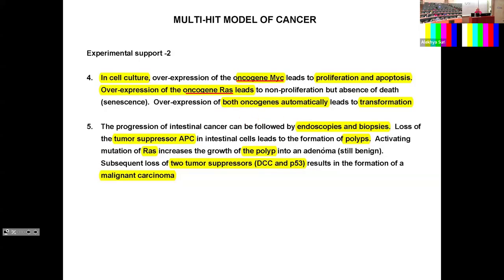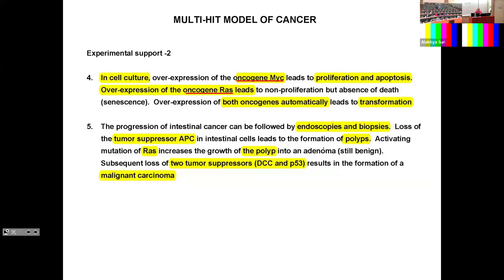But if you transform that cell with the two oncogenes, it automatically leads to transformation, because you are putting more pressure on that cell.